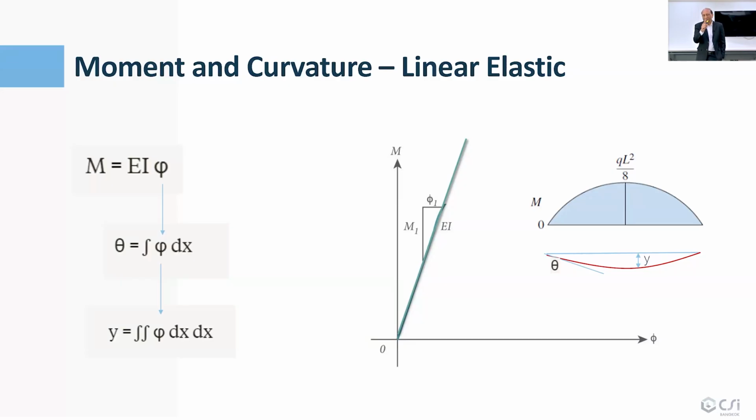So the only thing which is stiffness related to moment is the curvature. Curvature to rotation is geometric, and rotation to deflection is also geometric. So deflection, in fact, has no direct relationship with moment; it is related to rotation. Rotation has no direct relationship to moment.